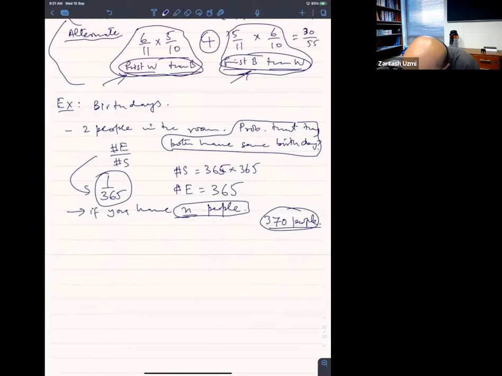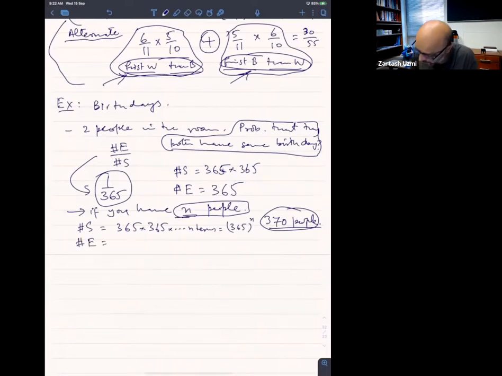But if you have n people, okay, then number of points in S would be equal to 365 into 365. कितनी दफा n terms होंगी, n terms, which is 365 power n. And number of points in E, where E is the event that no two guys have same birthday.